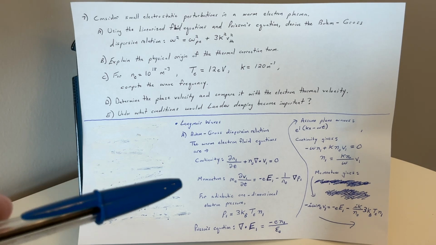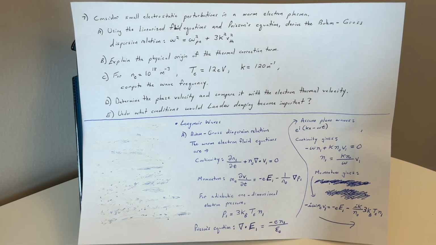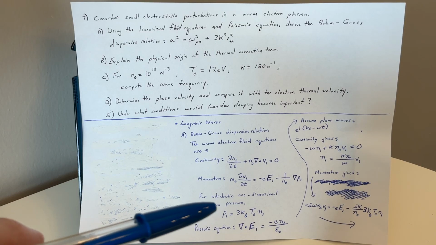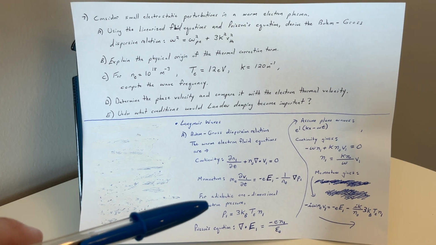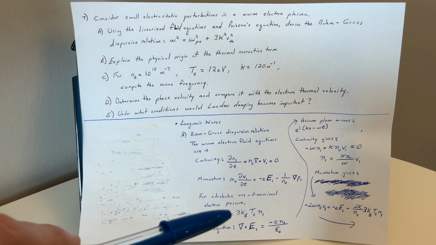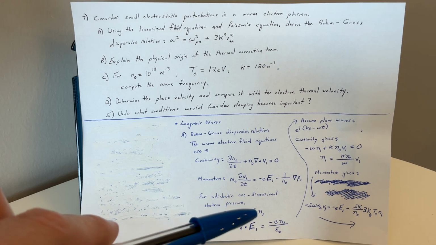Going back to pressure, for adiabatic one-dimensional electron pressure, p sub 1 equals 3 k sub B T sub e n sub 1.